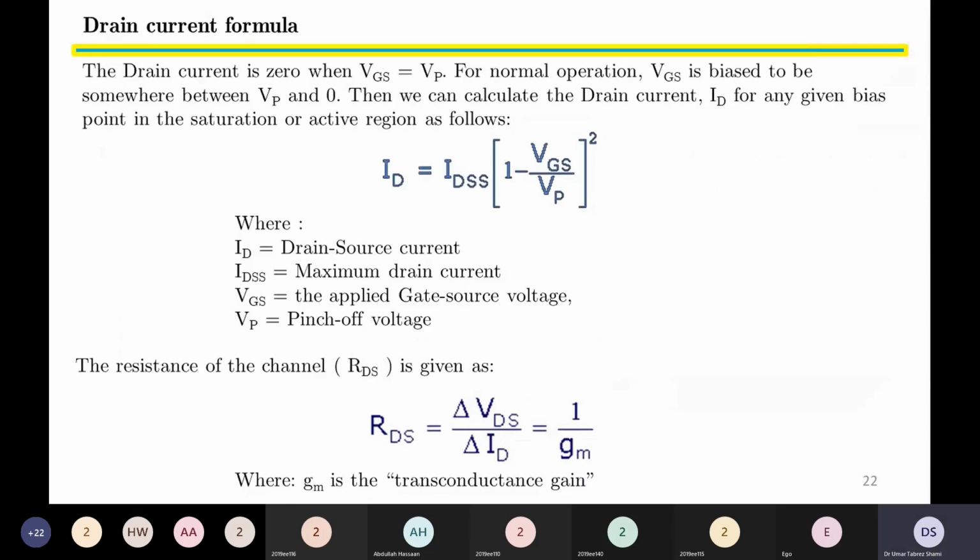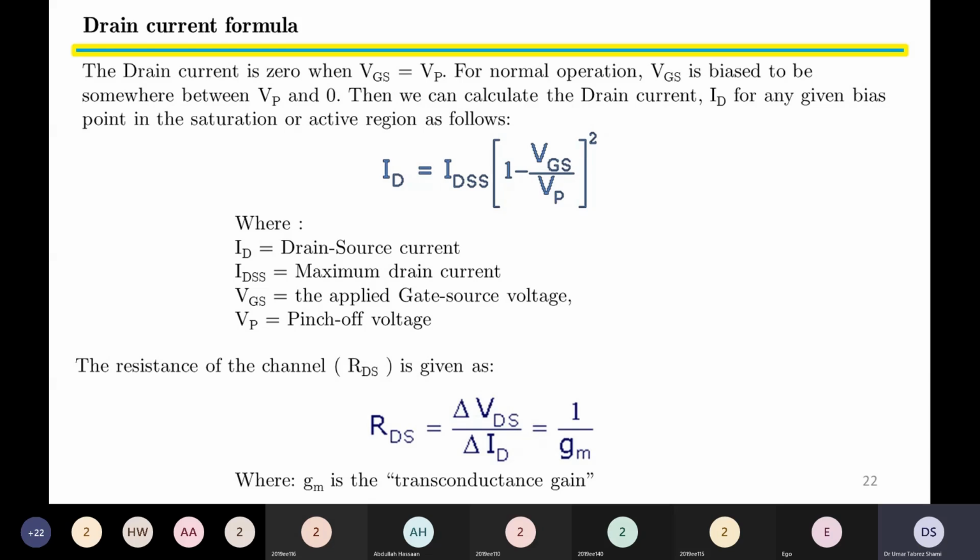Then we have the drain current formula. This formula shows that the drain current is a function of gate source voltage for the FET case. That is, ID, the drain current, is equal to IDSS times (1 minus VGS over VP) whole squared, where ID is the drain to source current, IDSS is the maximum allowable drain current, VGS is the applied gate source voltage, whereas VP is the pinch off voltage.